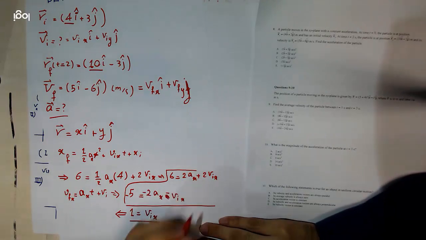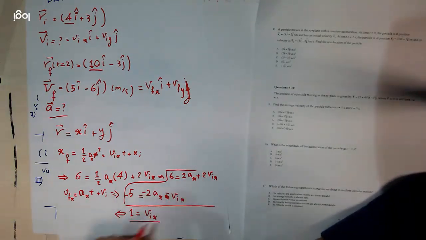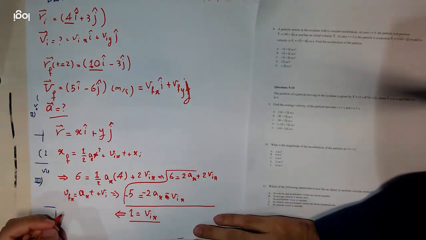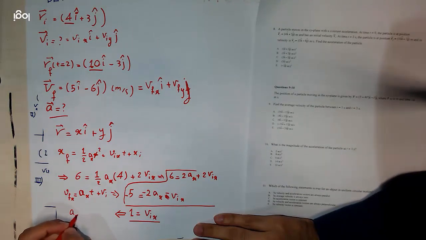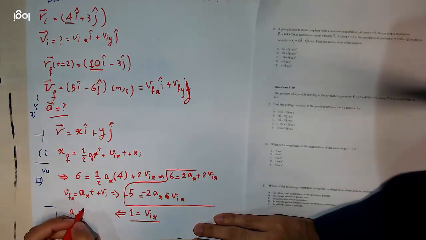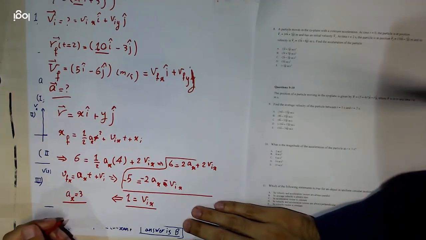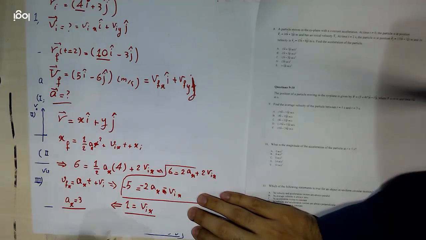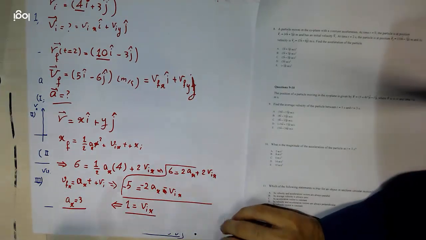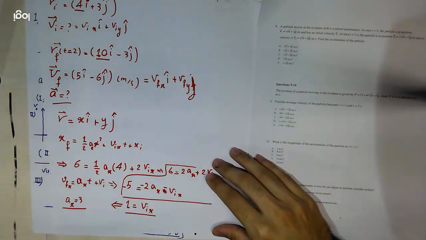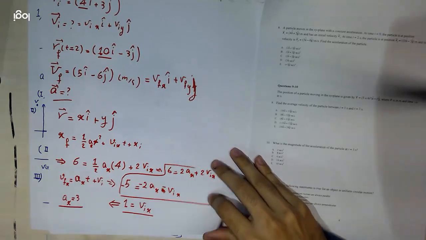From here, if we put this V initial on the upper relation, we will take AX equal to 3. That was the thing for the X component.